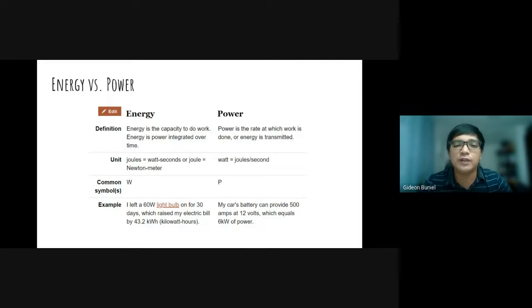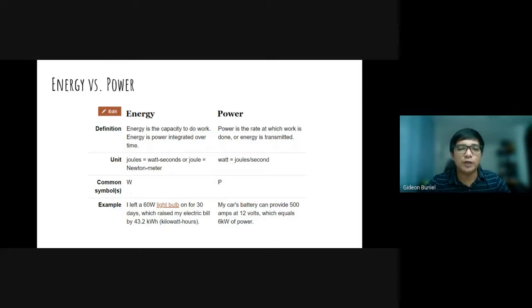The unit for energy is the joule, which is equal to watt seconds, or a joule is equal to a newton meter. For power, it's the watt, joules per second.